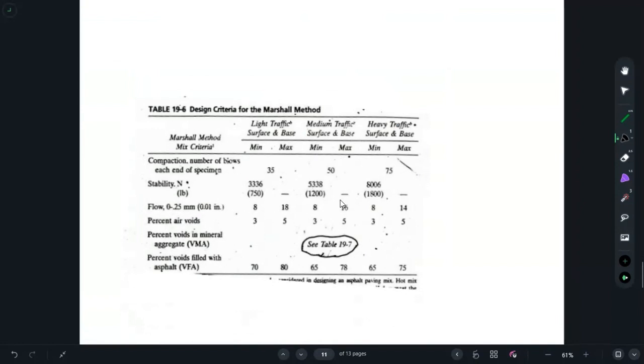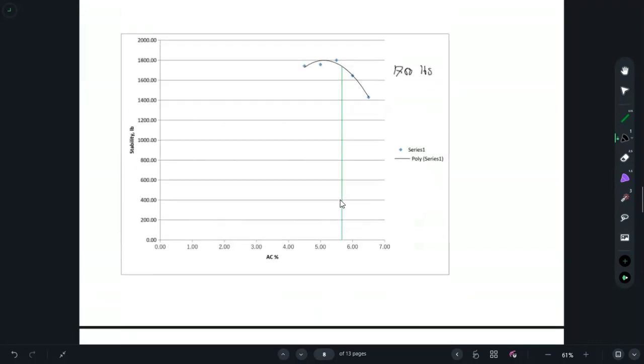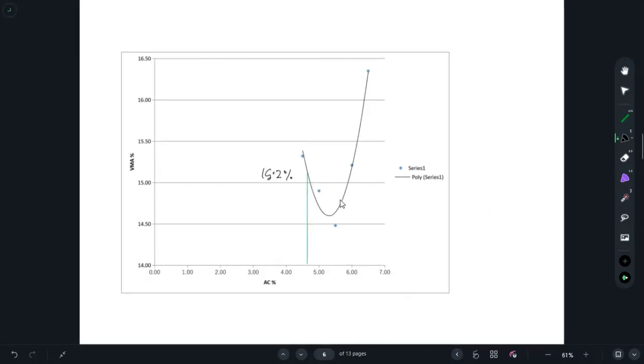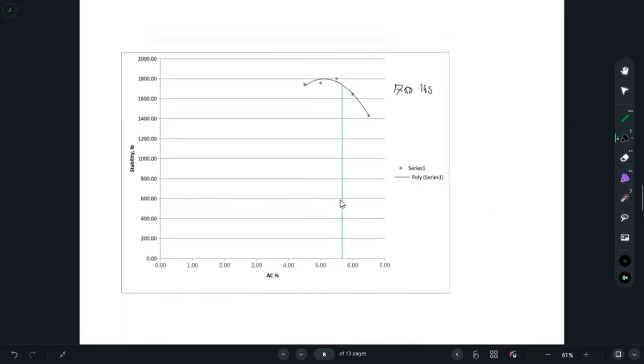So if we consider our pavement is for heavy traffic, and for heavy traffic the blow is 75, and for that we need a stability of 1800 pounds minimum, but we got a stability value of 1700 or maybe 1750, which is less than 1800, so it's not okay.